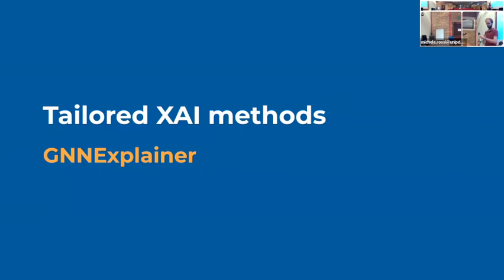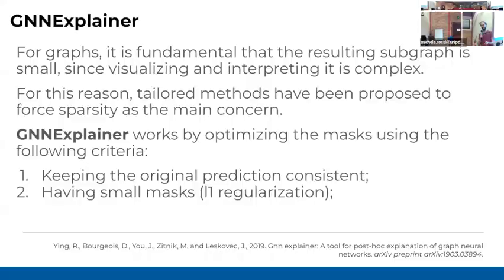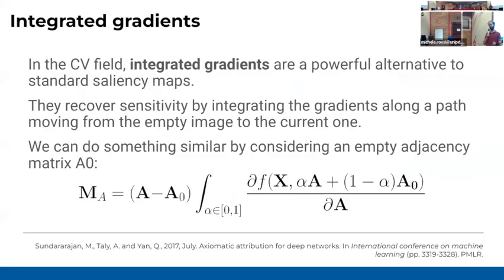Can I ask a question? In the previous slide, I couldn't understand the A0. So in computer vision, this would be the image and the empty image. An empty image is a black image.